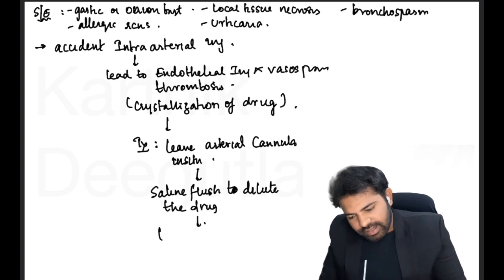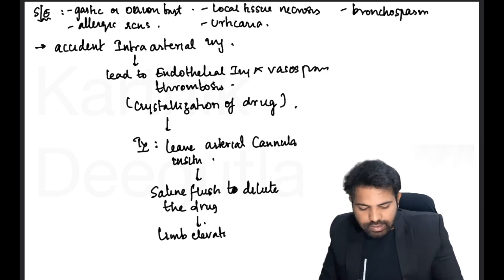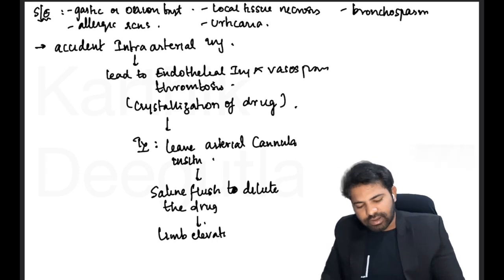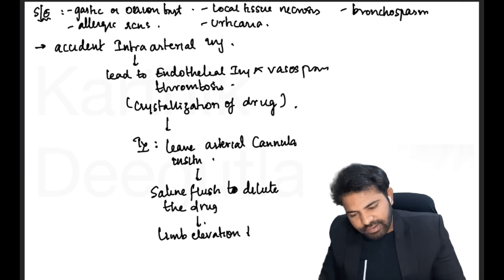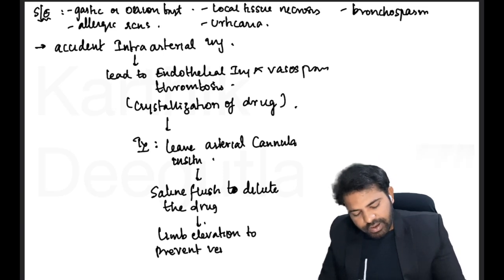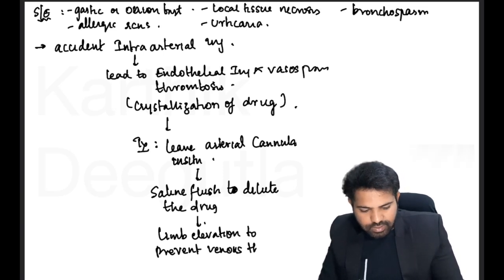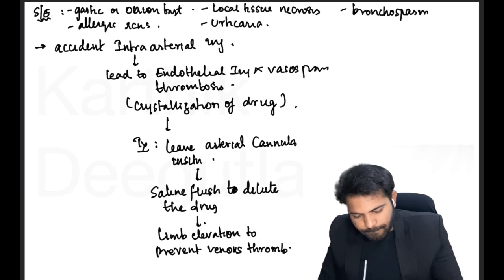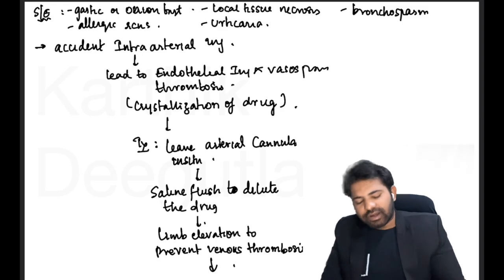Clear? Then the next step, you do limb elevation. These are all the conservative managements. Limb elevation is to prevent venous thrombosis. Then if it is not relieved, we go for drugs. What are the drugs which can be used?